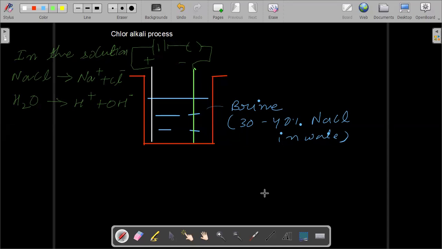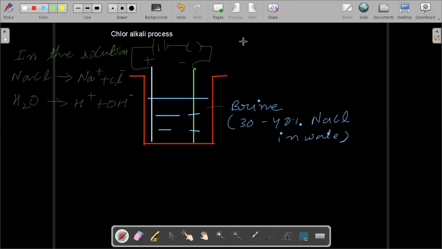Okay, Arav, if you are not able to unmute yourself. Siddharth? Sir, can you repeat the question? Okay. So what are the ions present in the solution? Na plus ions, Cl minus ions, H plus ions, OH minus ions.